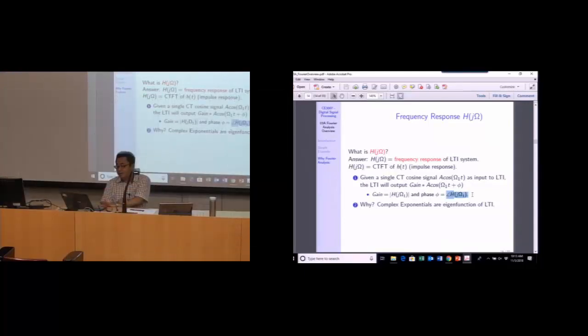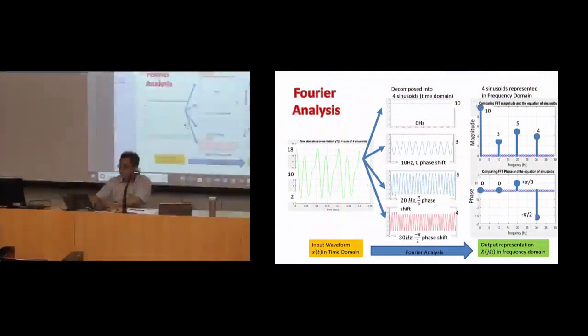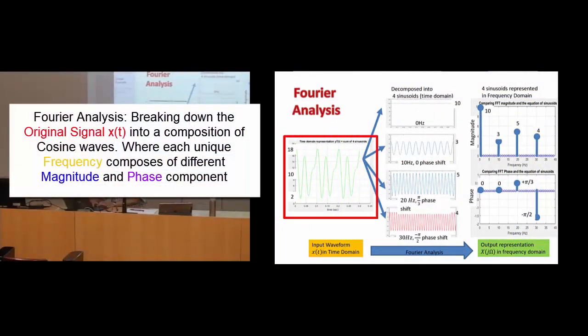So with that, please go through what a frequency domain representation means. Remember, in our previous lecture, we showed that the Fourier transform will show the original signal's magnitude and phase at different frequencies.